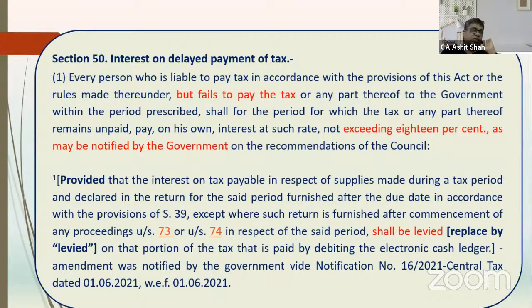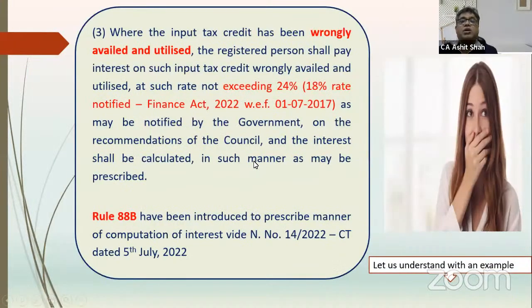Now the law has been changed and it says that interest has to be paid on the late payment, and it is no longer necessary that a show cause notice be issued. Though this amendment is not of today, I thought it very important because many notices of 2017-18 are coming wherein this is a cause of concern, and therefore I thought it fit to bring this to your notice.